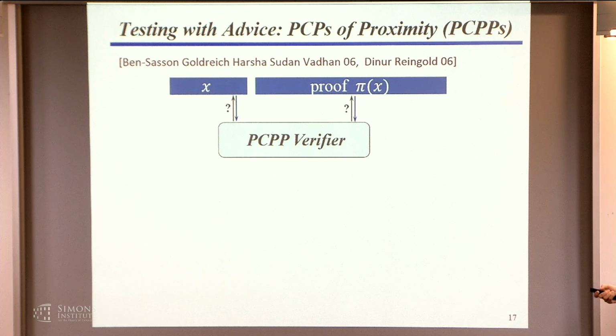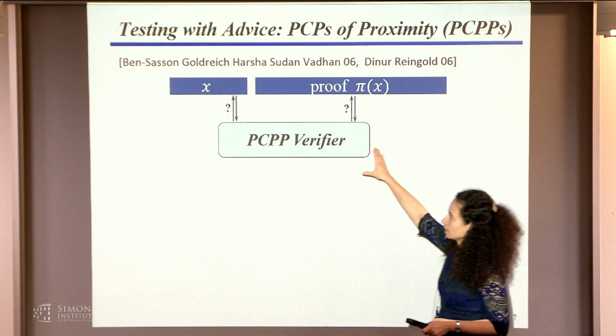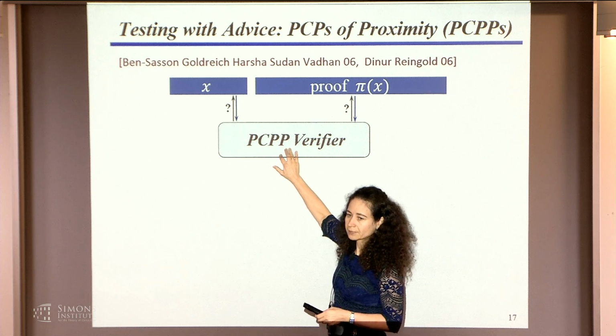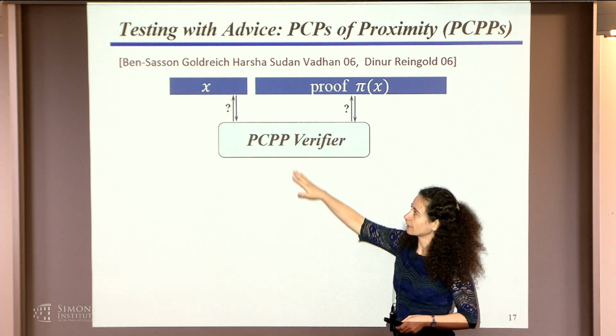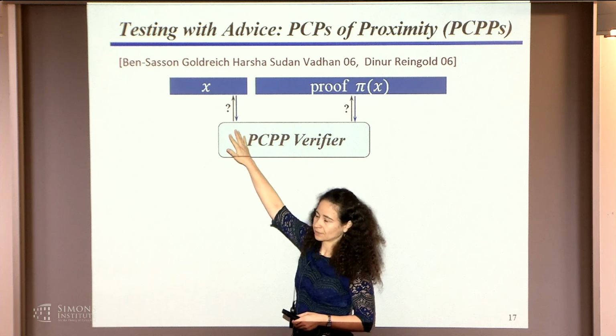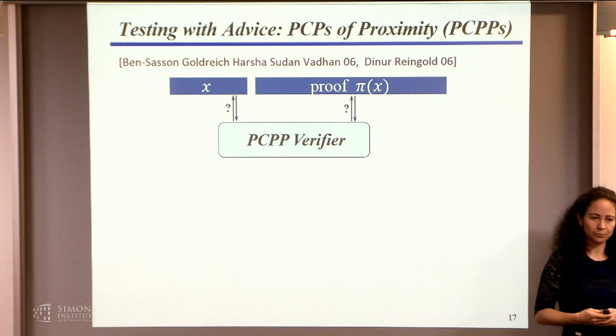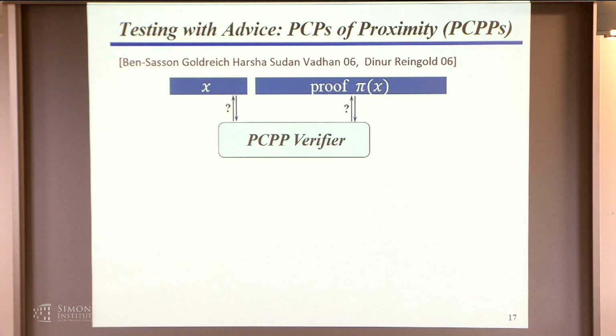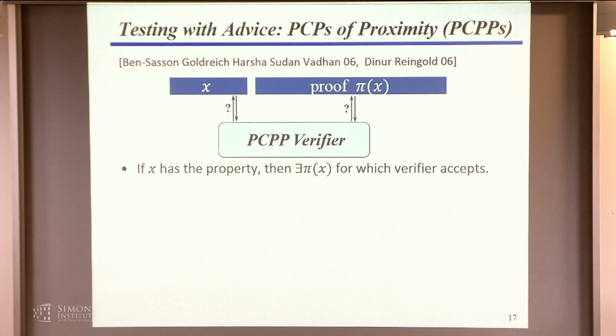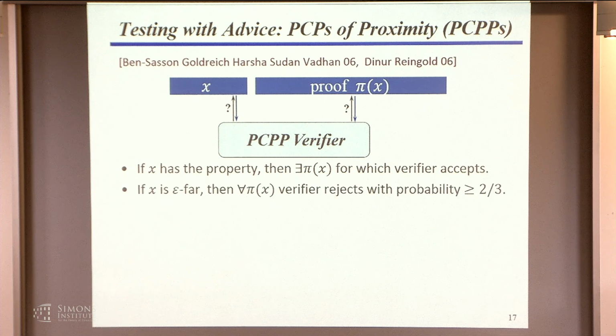Basically, we have a PCP verifier, which is a sublinear time algorithm, and it gets query access to the original input, and query access to some proof string. If the original input has the property, then there has to exist a proof for which the verifier accepts with high probability. However, if the input is far from having the property, then no matter what the proof is, the verifier has to reject with high probability.